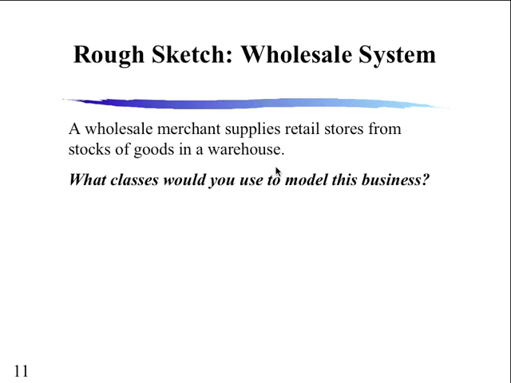So a wholesale merchant supplies retail stores from stocks of goods in a warehouse. What classes would you use to model this business? And this is kind of the type of questioning that you'll end up getting in terms of maybe the final exam or something. It's kind of a common question. Well, it's a wholesale merchant, and he supplies retail stores from stocks of goods in a warehouse.